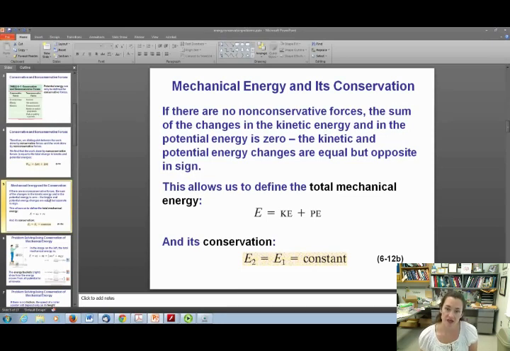If we define the mechanical energy as the sum of the kinetic energy and the potential energy for that system, then you can say that if the system goes through some sort of change and you ignore any non-conservative forces, then the energy after the change, which I'll call E2, equals the energy before the change, which I'll call E1. And that's just because delta E total would be equal to 0, because you've lost nothing to kinetic or potential if you've only got conservative forces. So it'll be equal to some constant value.